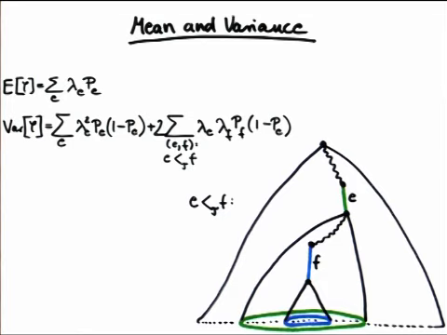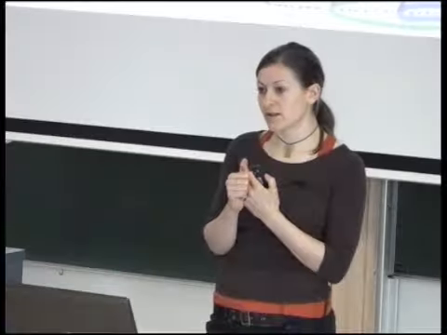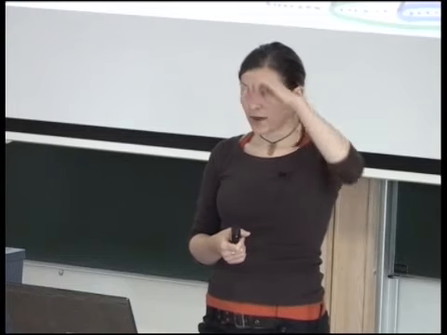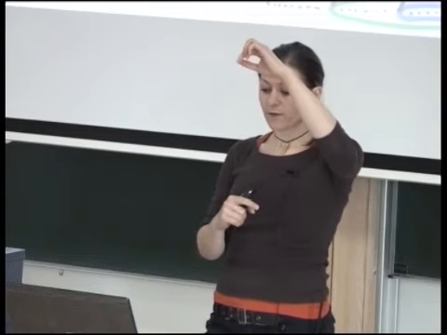We denote the probability that Ye has value 1 by Pe. The variance is also quite easy to compute. It includes a sum over all edges in the tree, and another one which is a sum over ordered edge pairs, e, f, such that e and f are distinct edges, and the path from the root to the edge f includes somewhere the edge e.